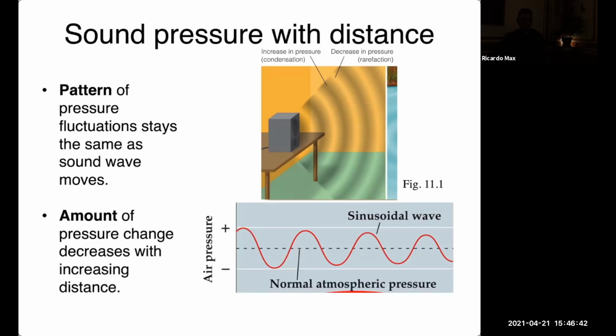What changes is the amplitude, the strength of those waves. The further the source of the movement, of the vibration, the less the amplitude, the strength, it dissipates. I'll explain it soon. The physical strength of the sound wave decreases.